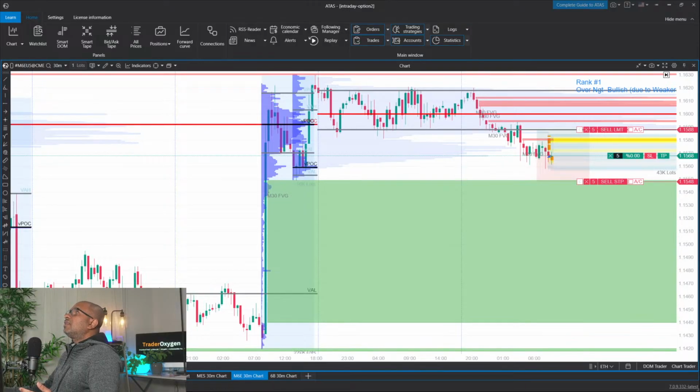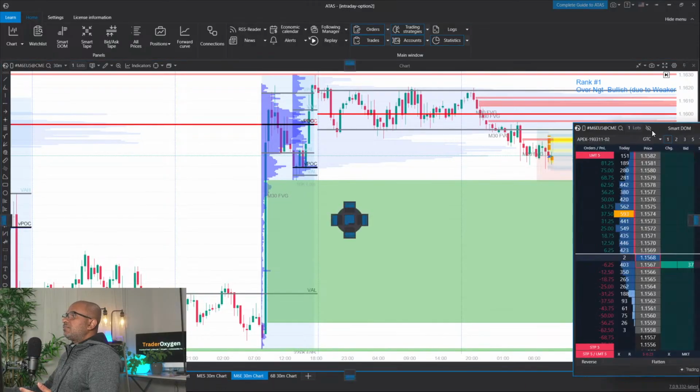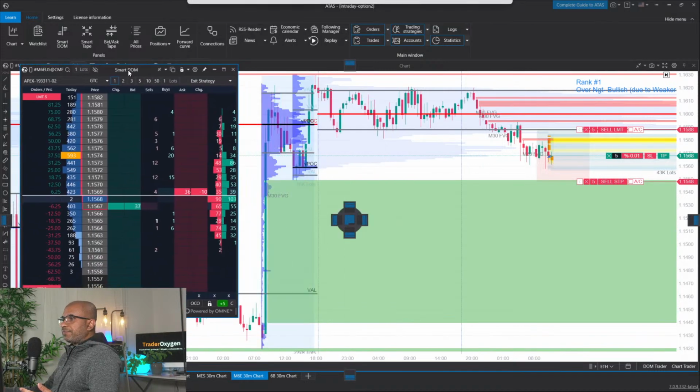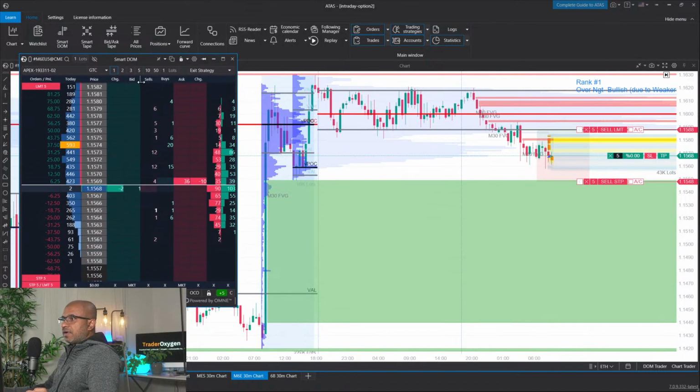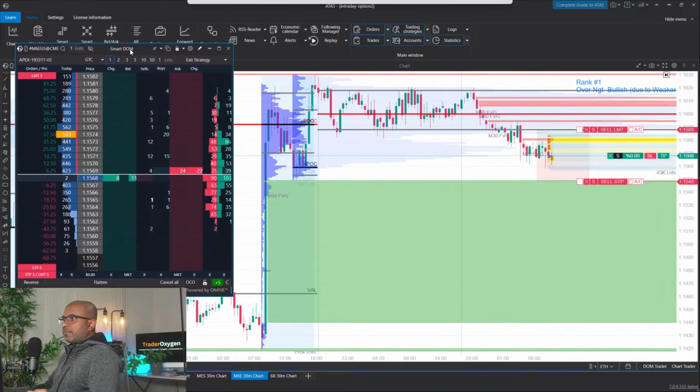The reason for that is, if you look at the smart DOM right over here, bringing the smart DOM into the picture, you can see the buyers are pushing the price up. Currently you can see a negative value in the change, meaning the sellers are backing down.